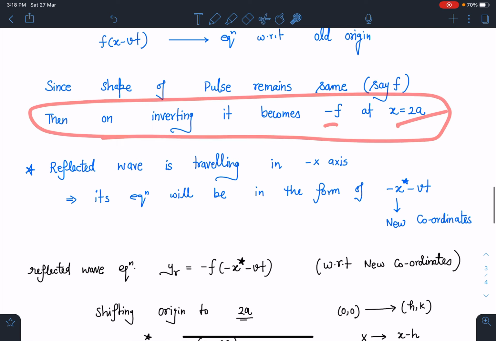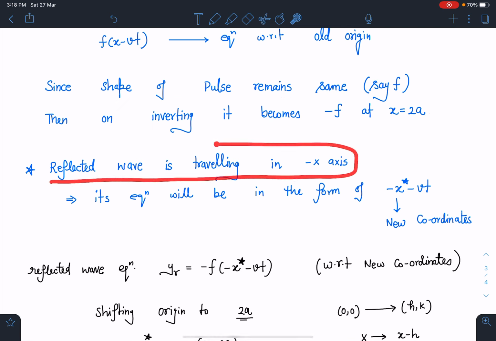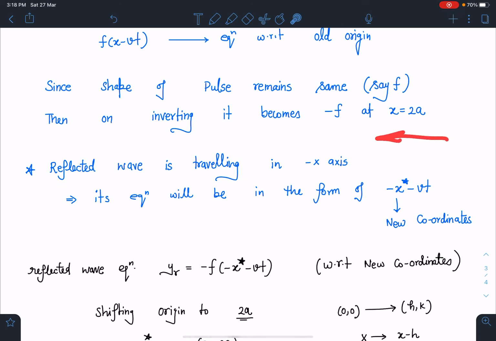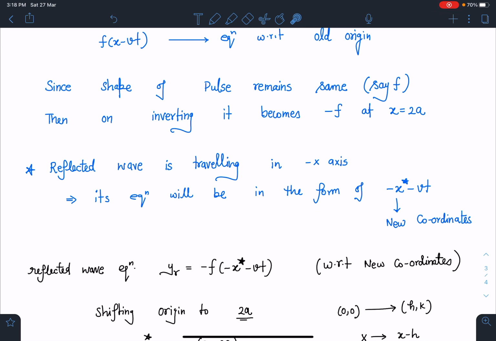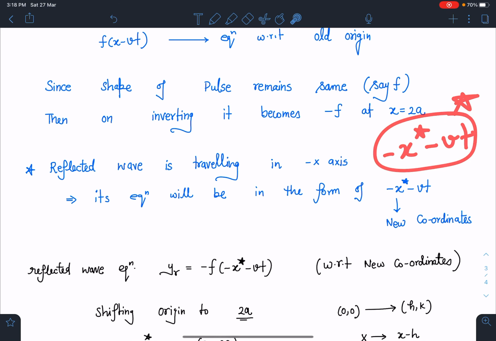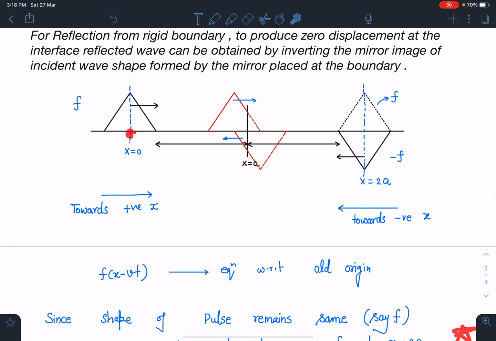And here you can say the reflected wave is traveling in the negative x-axis. It is traveling this side. So its equation will be in the form of minus f of minus x minus vt, where now I am shifting the origin to some other point. If it was a wave traveling in minus x, then I can write its equation in this form, where this x is the new x coordinate, because the origin I have taken at this moment is here.